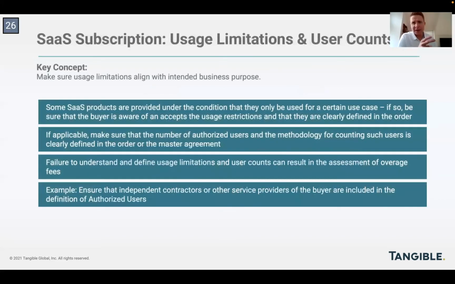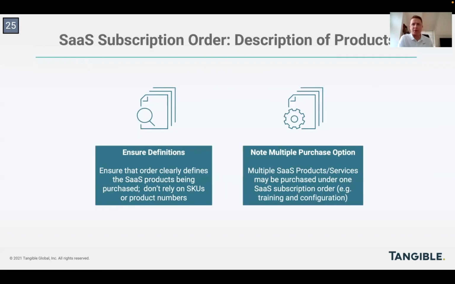Robert, just as a tactical point, in reviewing a SaaS order, particularly one drafted by the vendor, oftentimes it can be difficult to tell exactly what it is that the buyer is getting under an order form, especially if the vendor has multiple products.